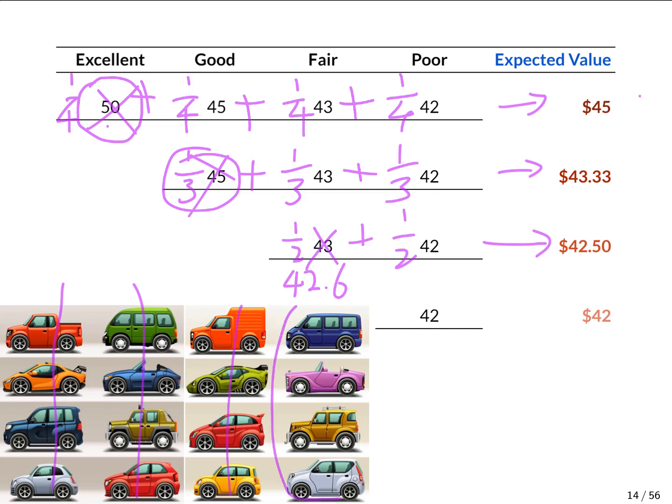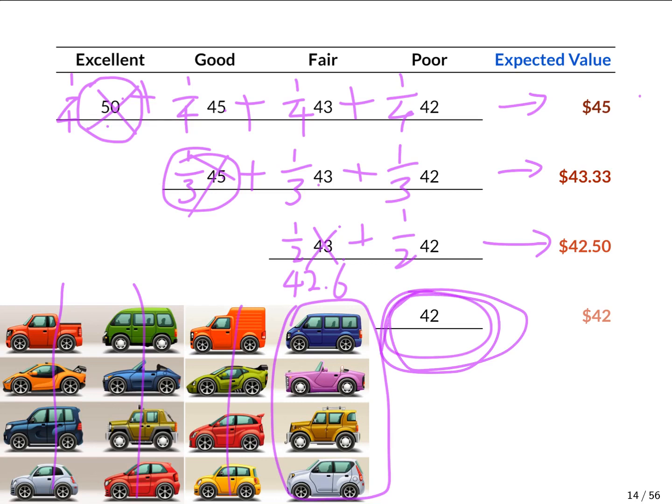So at the end of the day, we're only left with poor quality used cars in the market, and this kind of phenomenon is sequential. Different kinds of sellers drop out of the market, so that at the end of the day, only a small portion of the cars get sold in the market.